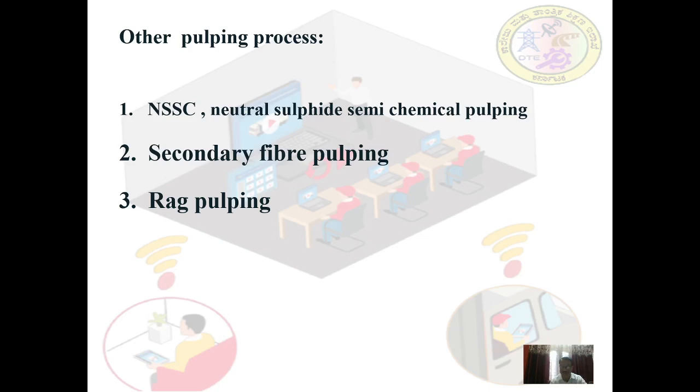Another method of pulping is production of dissolving pulp. Here, the pulp is to be used for making cellulose derivatives. For that, they use this dissolving pulp. It is important that it be essentially pure alpha cellulose.